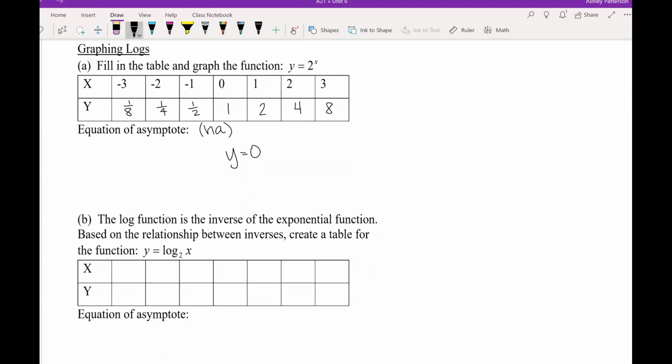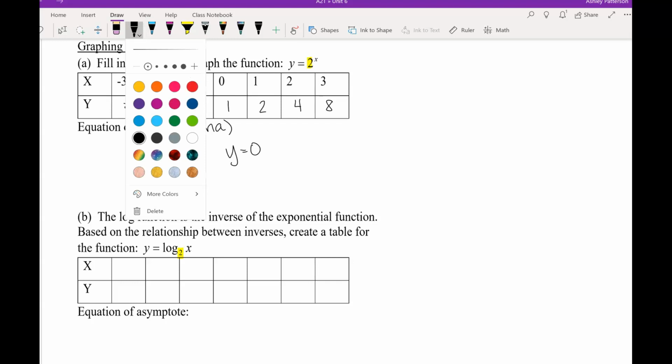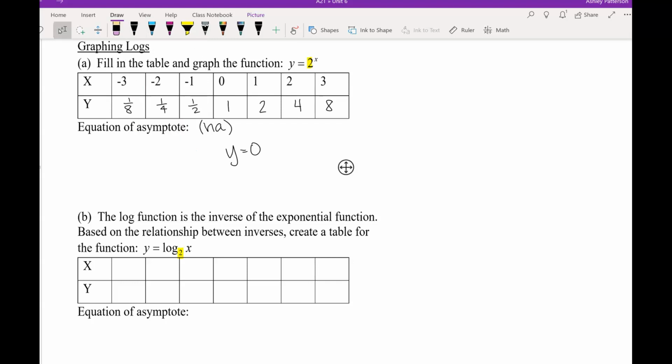Now, if the log function is the inverse, based on the relationship between inverses, where we know their domain and range elements switch, they reflect across the line y equals x when they're graphed on the same plane. The log base 2 is the inverse of that exponential function.